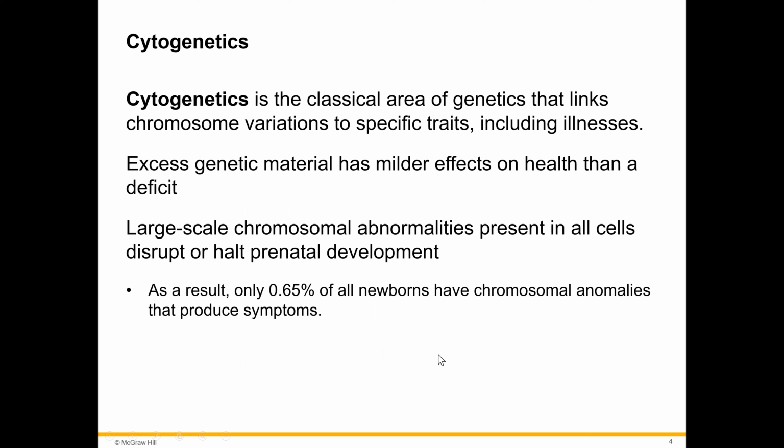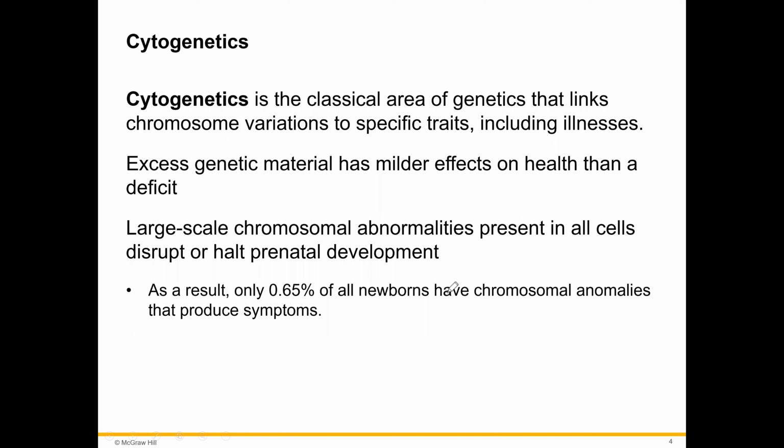So, cytogenetics is the classical area of genetics that links chromosome variations to specific traits, including illnesses. Excess genetic material has milder effects on health than a deficit. What that tells you is that we're supposed to have a precise number of chromosomes, right?